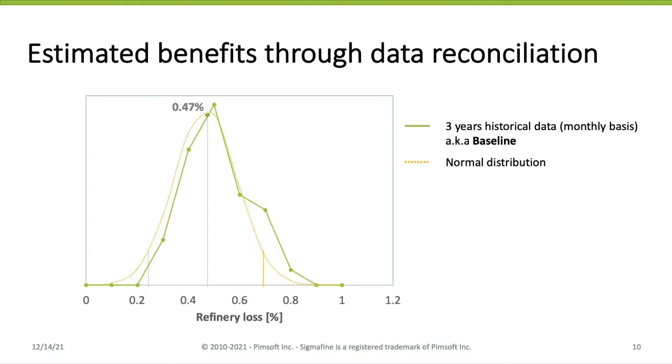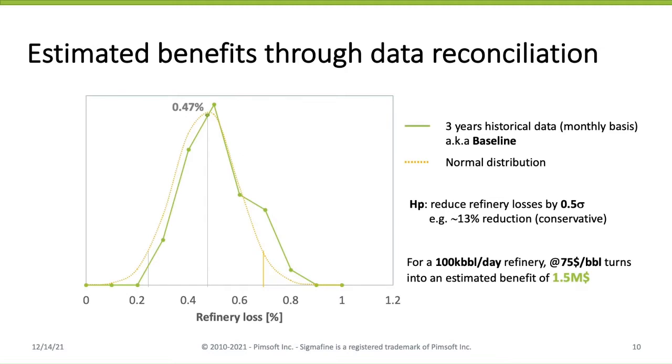So if the expectation is to reduce the losses by an amount which is half the current standard deviation, this will translate into a benefit of around $1.5 million, considering a 100,000 barrel per day refinery and a price of $75 per barrel. Again, this is the benefit you might achieve by applying data reconciliation only, without taking into account changes in instrumentation. So let's see how this is possible.